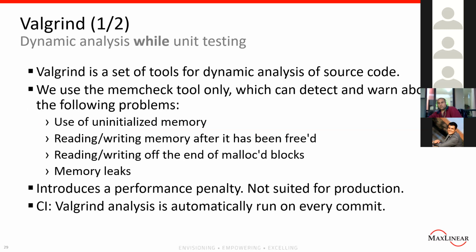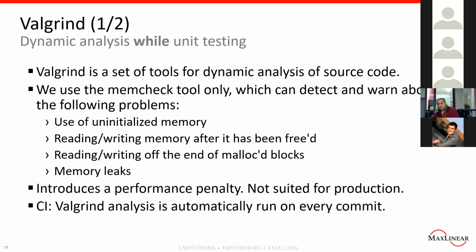I mean, while we run the unit test, we also perform the memory checks. Valgrind is in fact a set of tools for dynamic analysis of source code, but we use only the memcheck tool that helps in detecting and warning about several memory-related problems. The most feared may be the memory leaks, or the so well-known memory leaks.